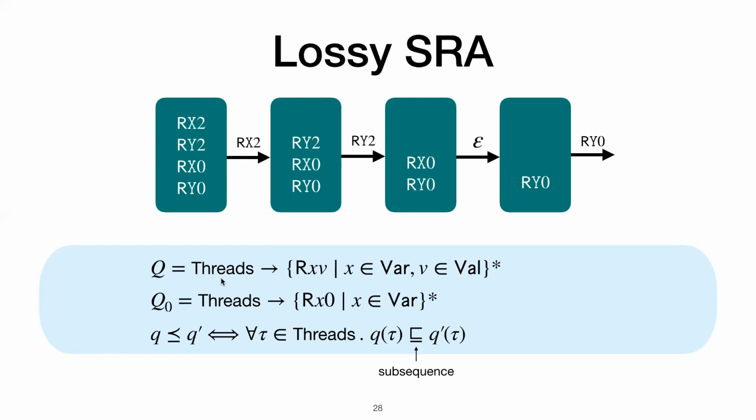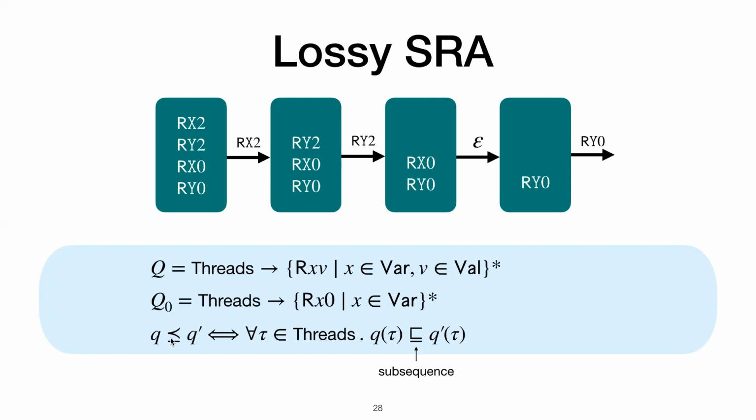As a first approximation, this is how our memory is going to look like. The states will be mappings from thread identifiers to these potentials. These are sequences of this form. This R is just a marker, read, X, V, where X is a variable and V is a value, and finite sequences of these elements. Initially, we assume that everything is 0, so we'll have this mapping that maps only to the value 0.